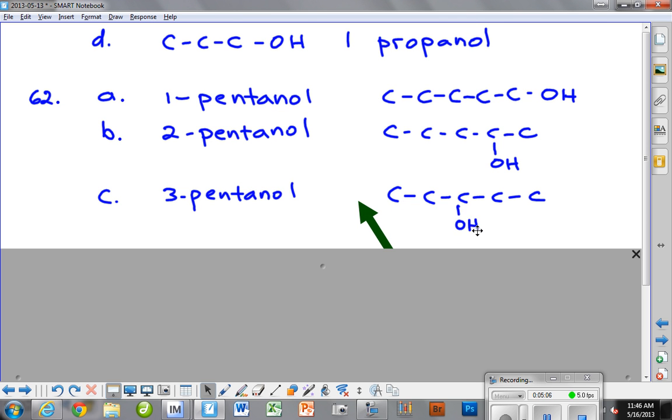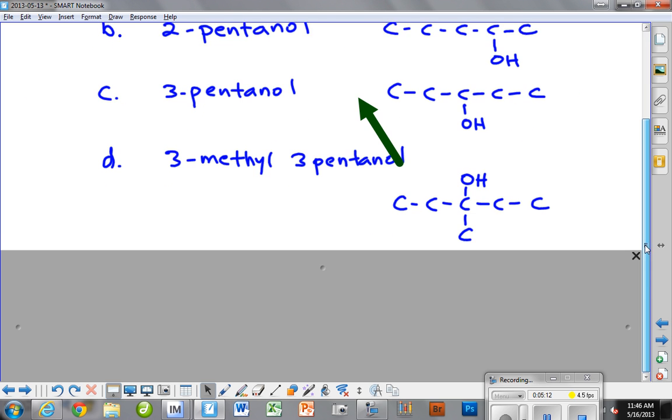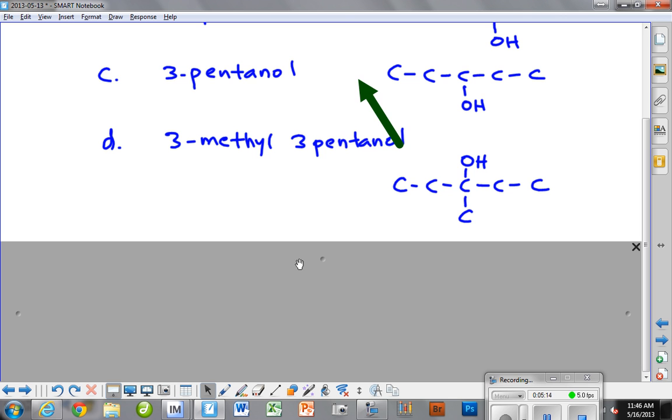Let me put that back so we don't confuse the next class. All right, and our last one of these, let's check. Yeah, that's the last one. So 3-methyl-3-pentanol: the methyl is on 3, and the hydroxyl determines which carbon is 1, but since it's in the middle, it really doesn't matter. This could be carbon 1, or this could be carbon 1. So that was it for the homework.